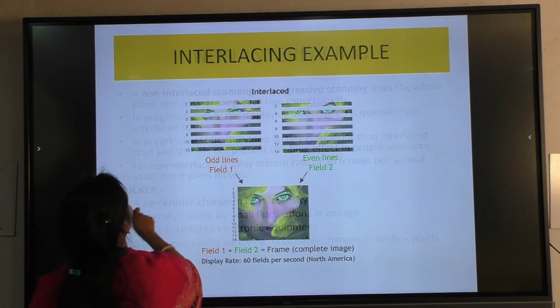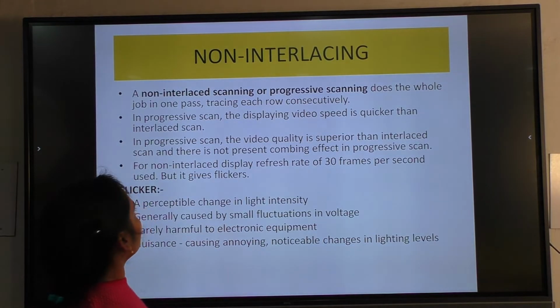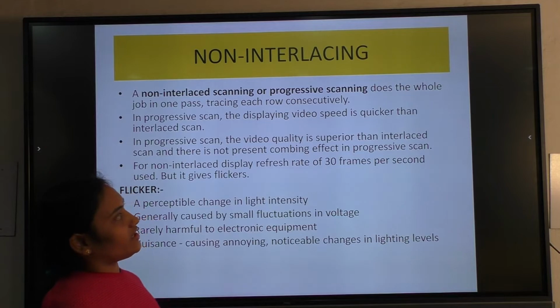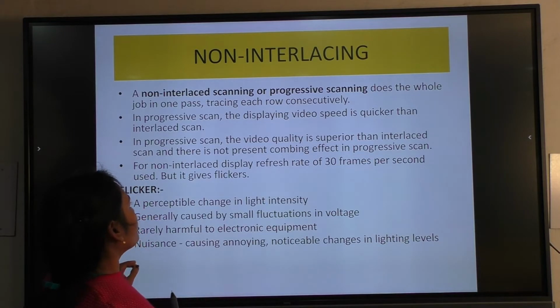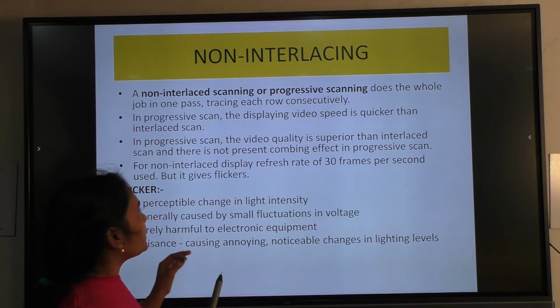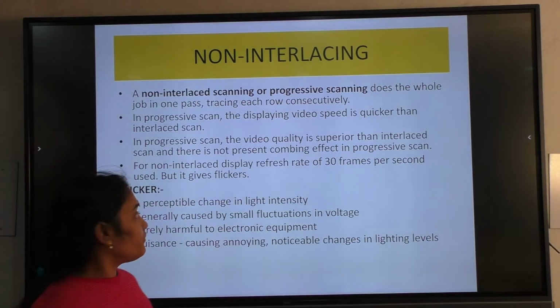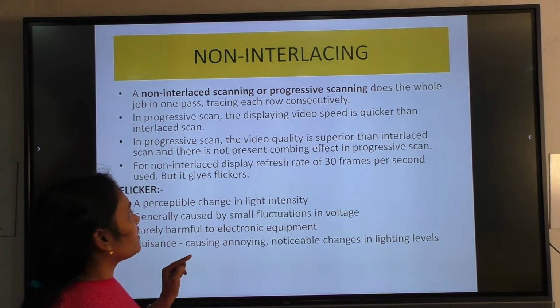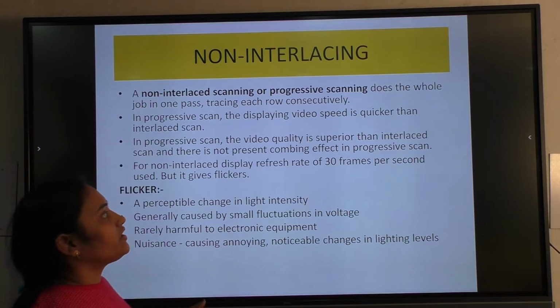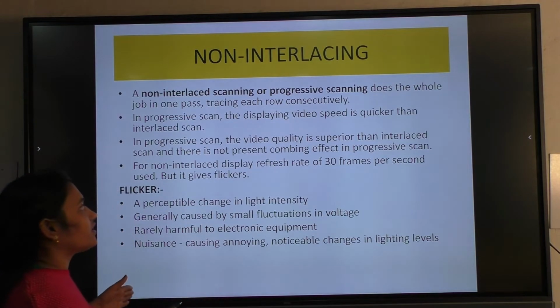Let us discuss non-interlacing. A non-interlaced scanning or progressive scanning does the whole job in one pass, tracing each row consecutively. In progressive scan, the video displaying speed is quicker than interlaced scan.